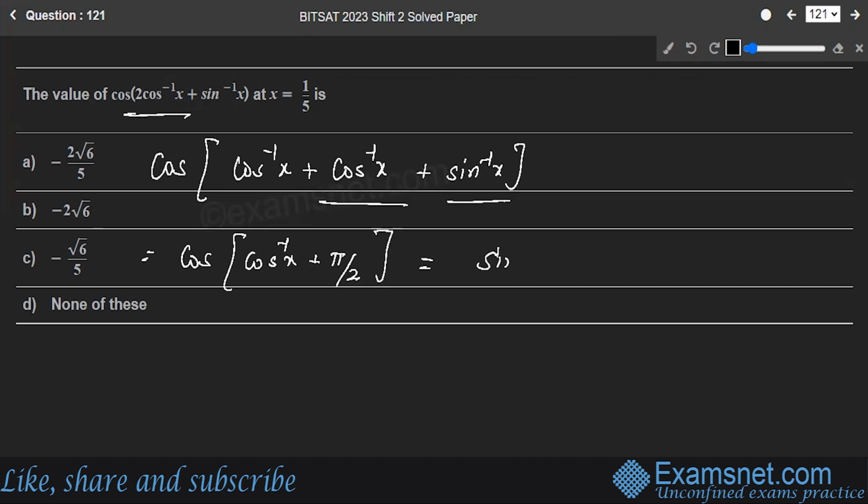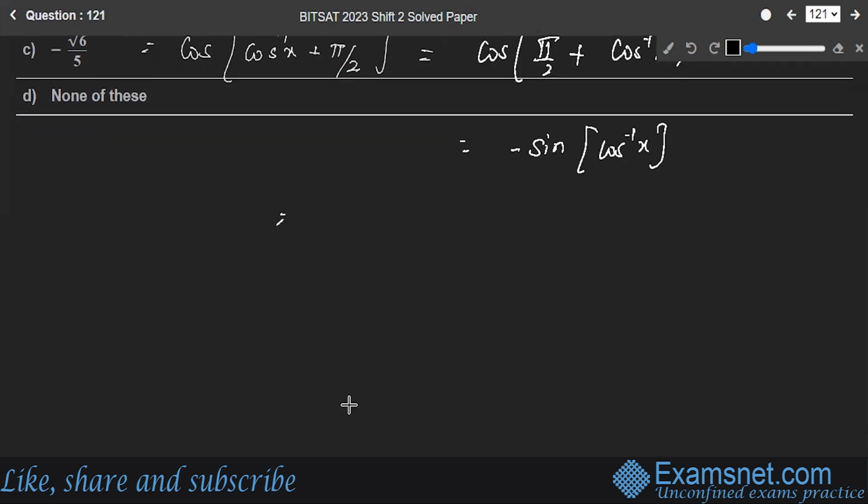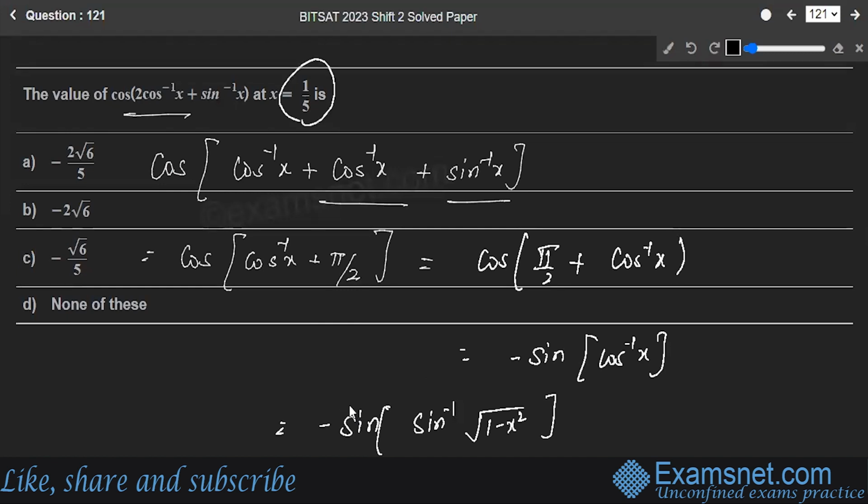This is equal to cos(π/2 + cos⁻¹x), so this is equal to −sin(cos⁻¹x), and sin(cos⁻¹x) is −√(1 − x²). And now you have to find this at x = 1/5.